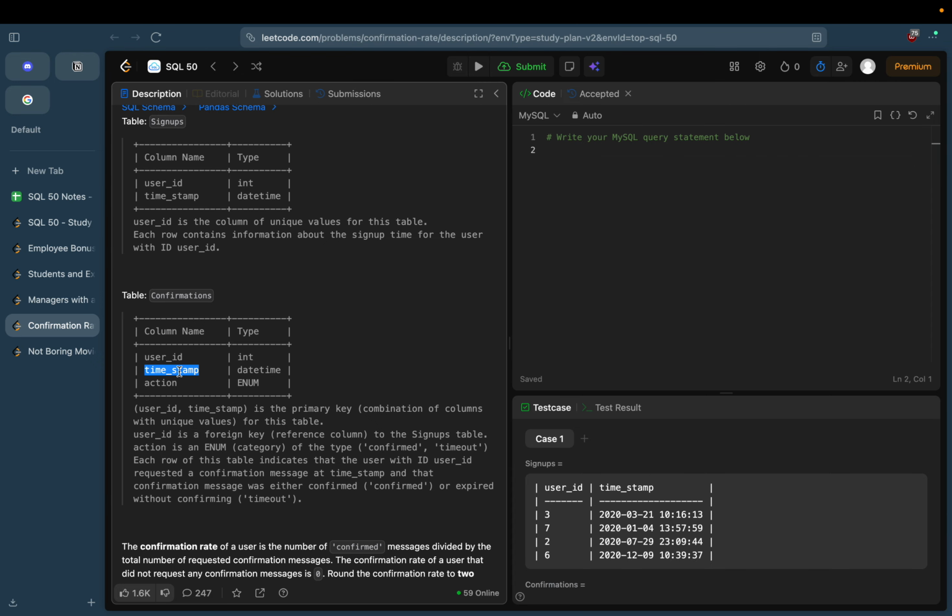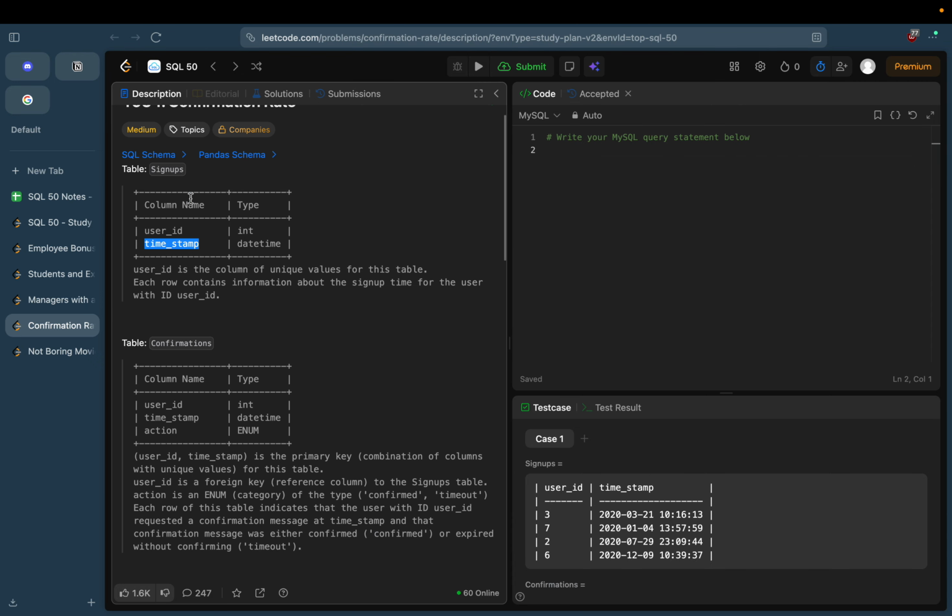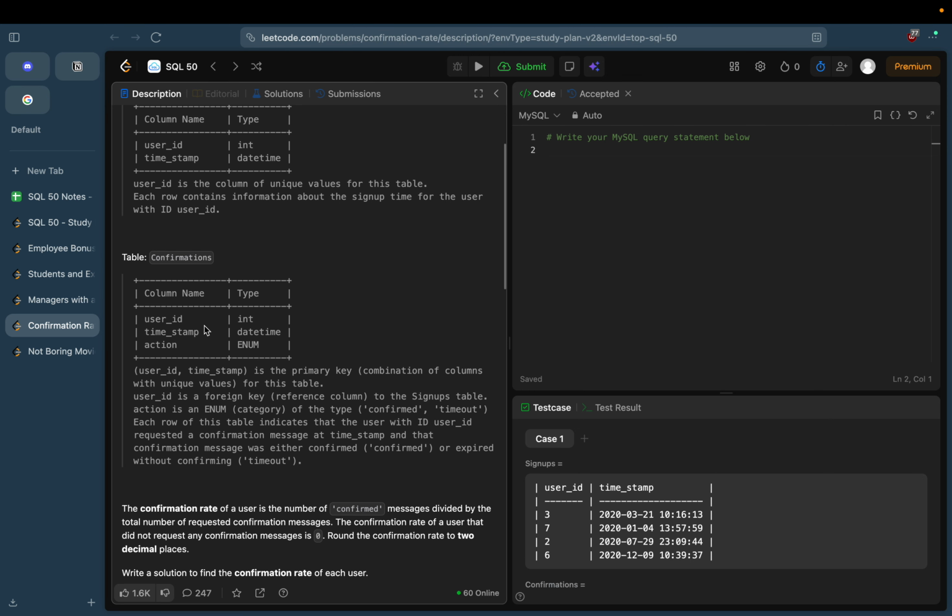Okay, so this timestamp and this timestamp are not the same. The first timestamp was regarding when a person signed up for the first time, but if they request a confirmation, that timestamp is present in the confirmation table's timestamp, right? So we won't be joining on this particular column, but yes, user ID is definitely the common one. And then this is also an important condition regarding confirmations or timeouts.